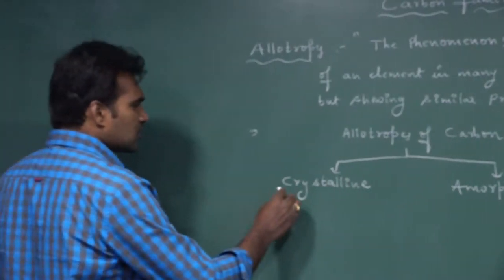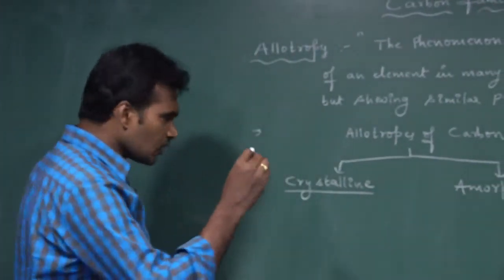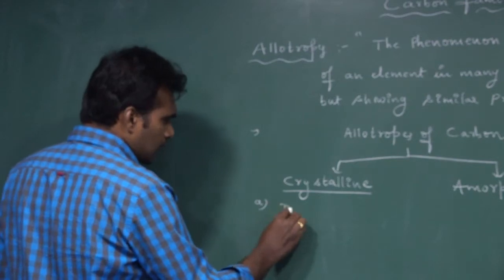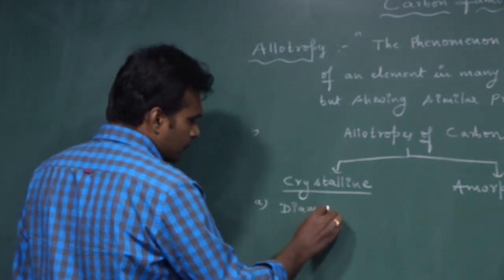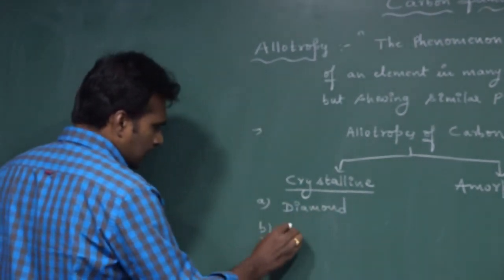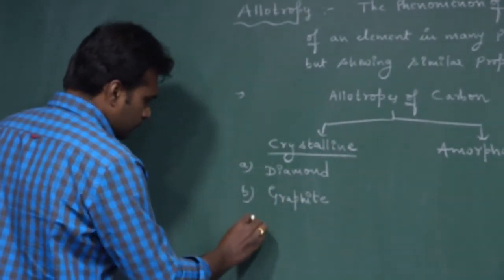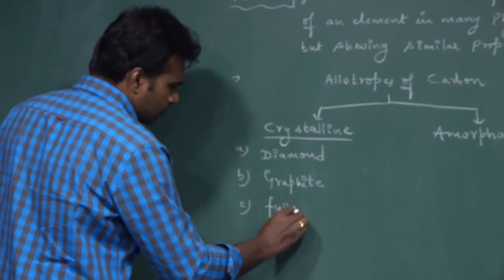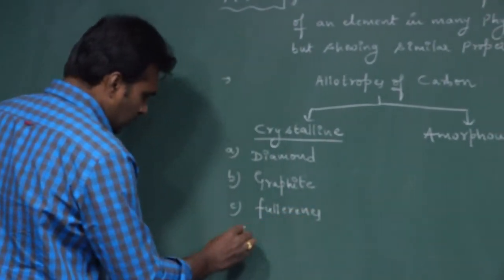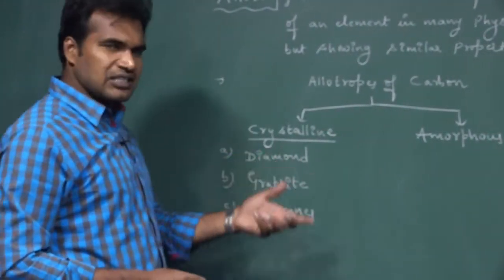Next, under the crystalline allotropic forms, we mainly discuss diamond, graphite, fullerenes, and these are the three main crystalline allotropic forms.